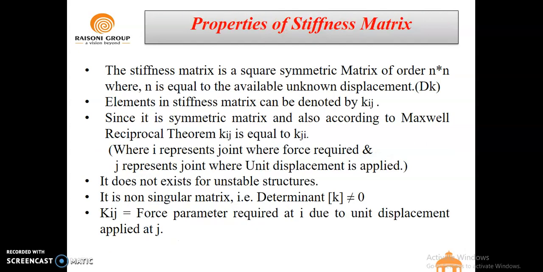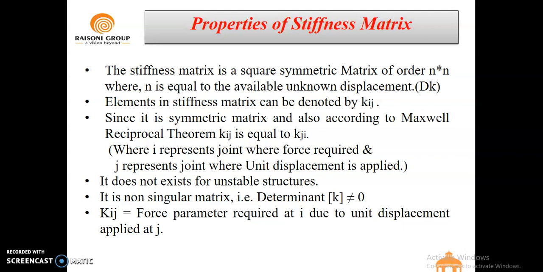Moving to next, we will see some properties of the stiffness matrix. The stiffness matrix is a square symmetric matrix of order n into n, where n is equal to the available unknown displacements, meaning the order of the matrix depends directly on the number of available unknown displacements. Elements in the stiffness matrix are denoted by Kij, with suffix ij.